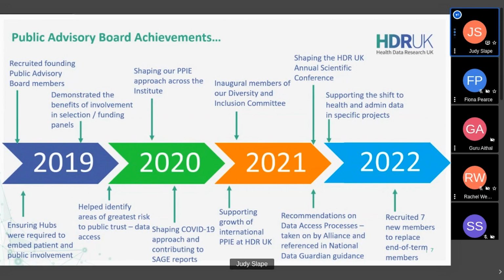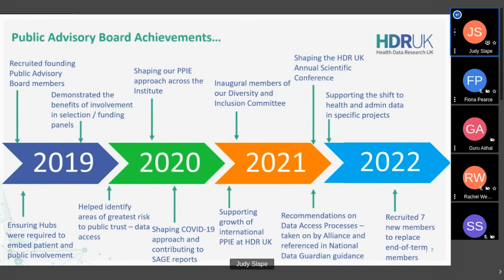They also shaped our COVID-19 approach and contributed to, we used to do weekly reports to SAGE, which we don't do weekly anymore. They went down to monthly, and now they're even more infrequent. But at the height of the COVID-19 pandemic, we were doing weekly reports, and our public contributors were contributing to those reports. They were helping us to identify what was most important to the public.